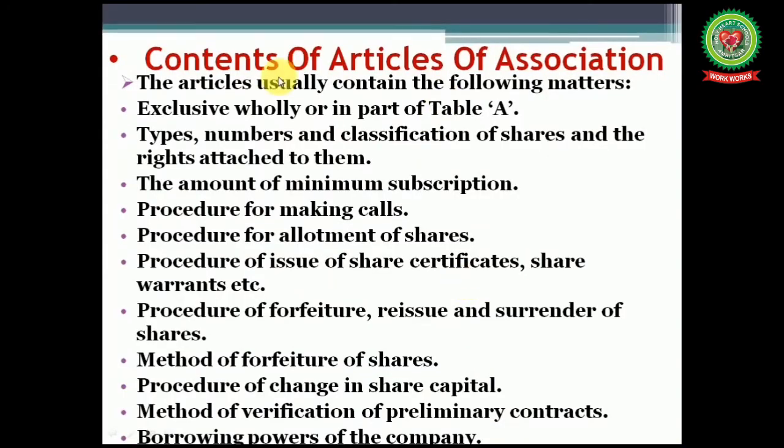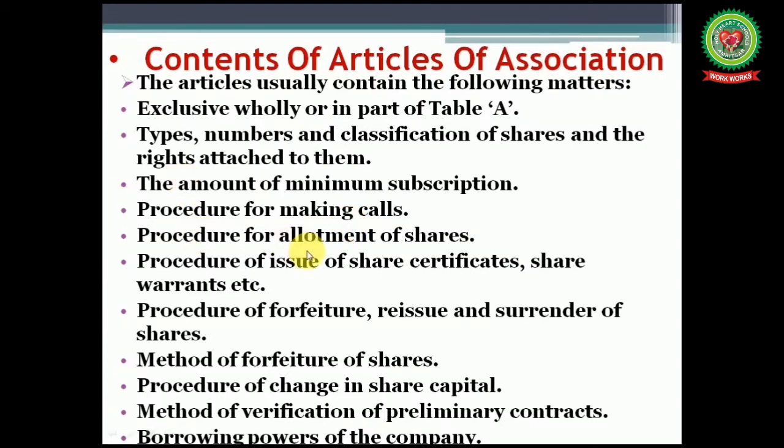The articles usually contain the following matters, exclusively, wholly or in part of Table A. It includes the types, number and classification of shares and the rights attached to them of the shareholders. The amount of minimum subscription, then the procedure for making calls, that the amount unpaid should be paid by the shareholders.